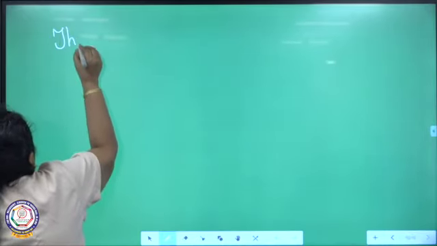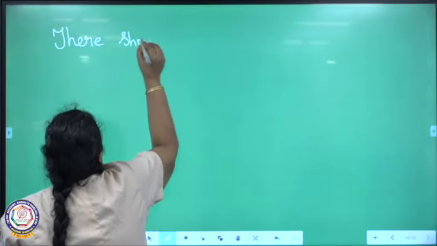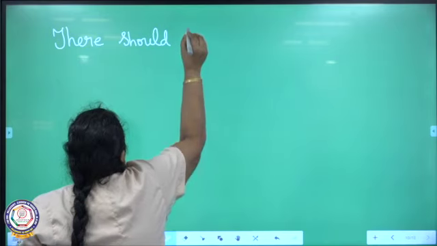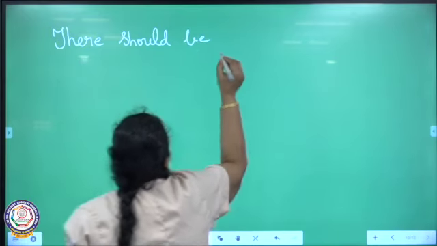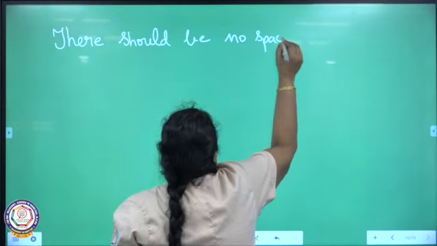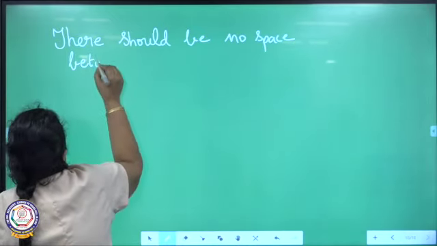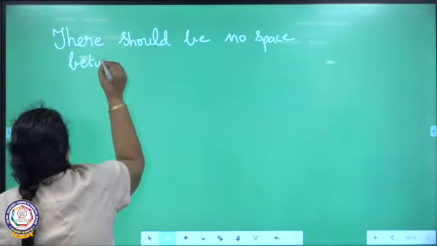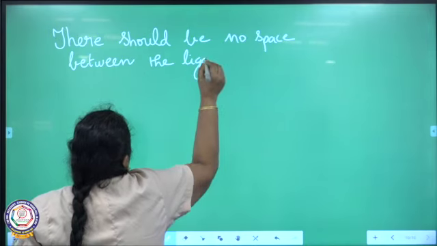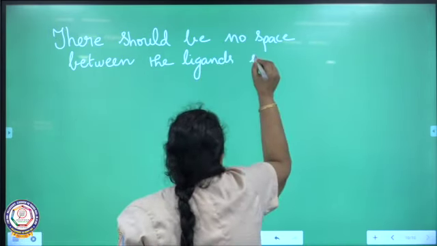There should be no space between the ligands in the square bracket.